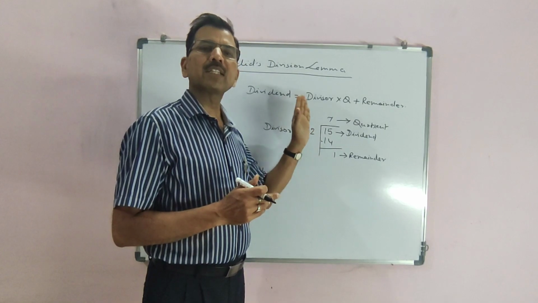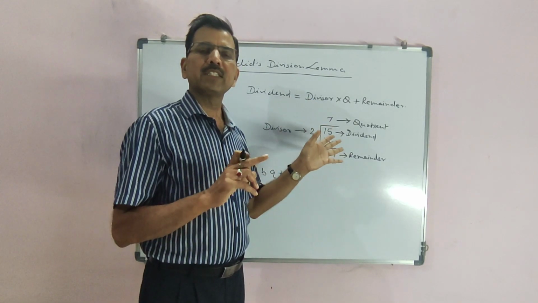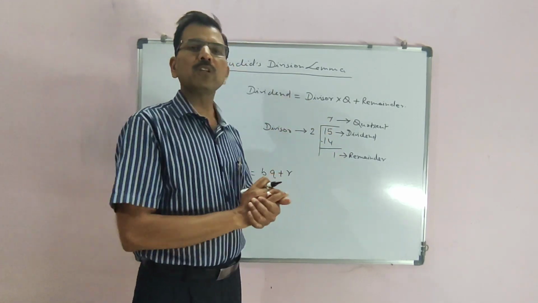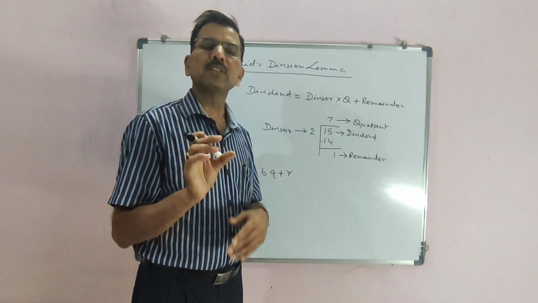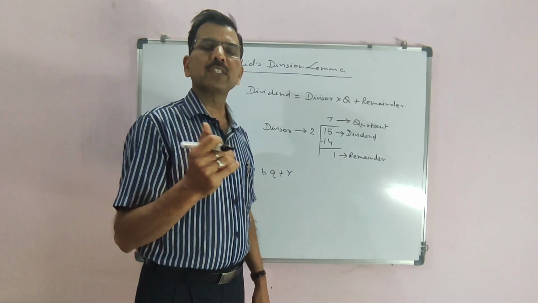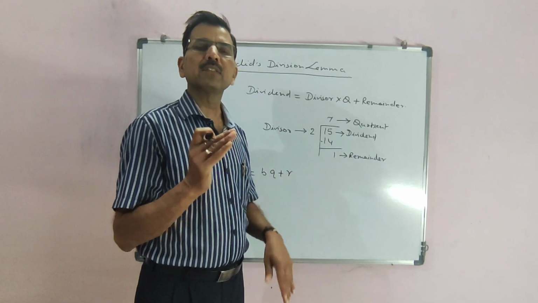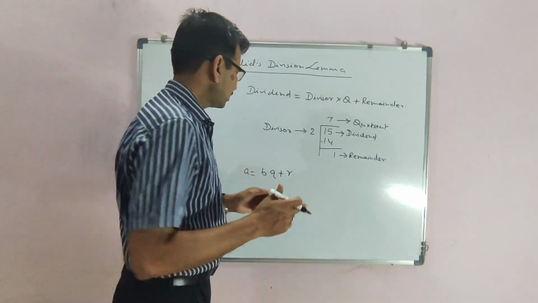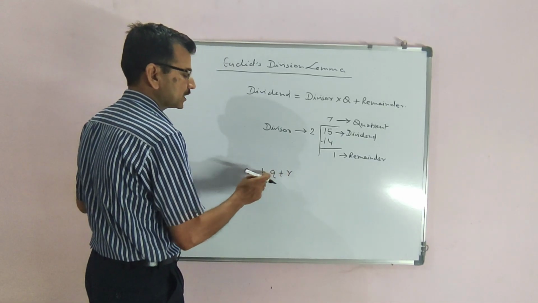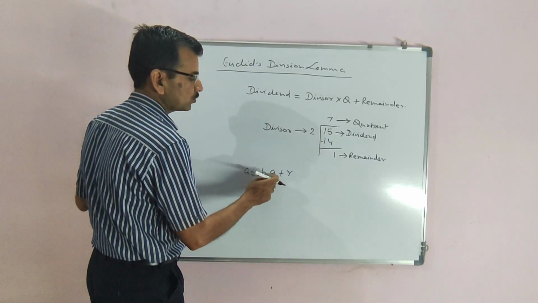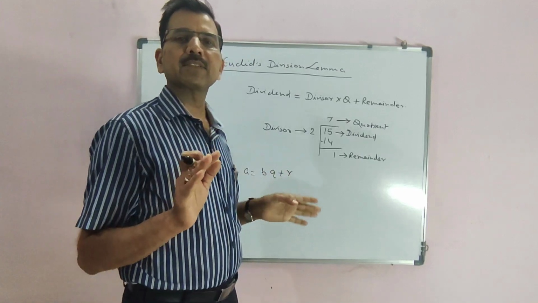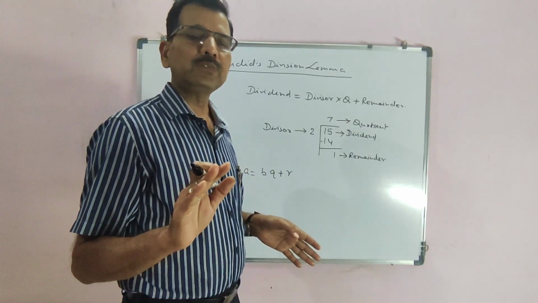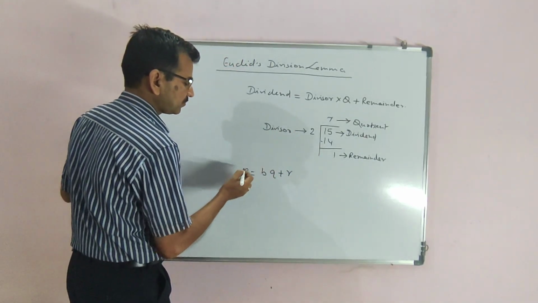Okay, now we know that what are the integers? Integers, we have discussed before, include 0, positive numbers and negative numbers. Okay, so A equals to BQ plus R, here A, B, Q, R, they all are the integers. Clear to you? Okay.